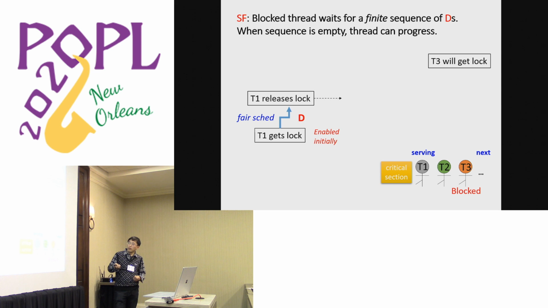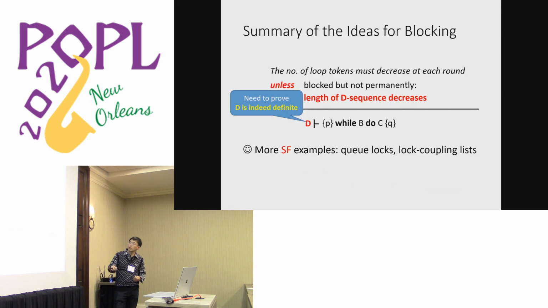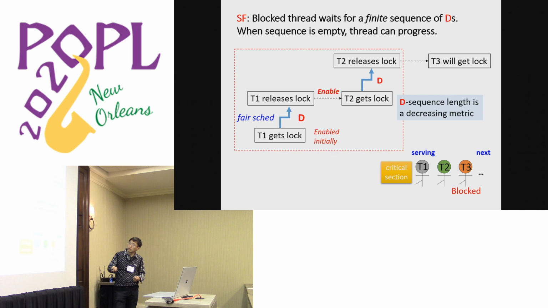And then if T1 releases the lock, it enables another definite action, which says when T2 gets the lock, T2 releases the lock. Then when T2 releases the lock, it hands the lock to T3. So here we see for T3 it waits a sequence of definite actions, and the length of this sequence of definite actions is always decreasing because of this fair scheduling.